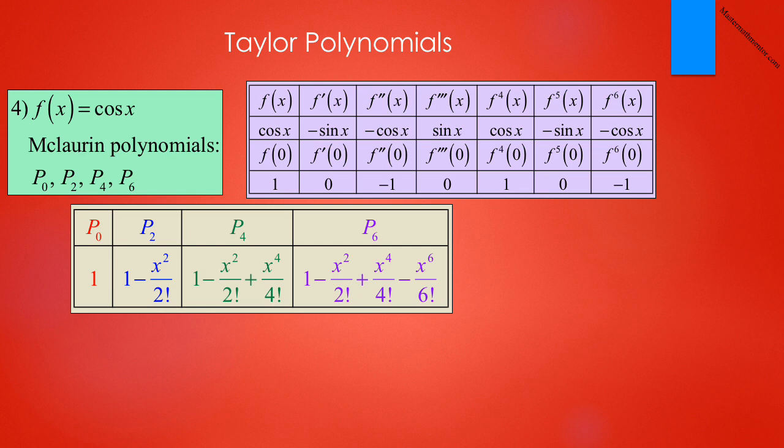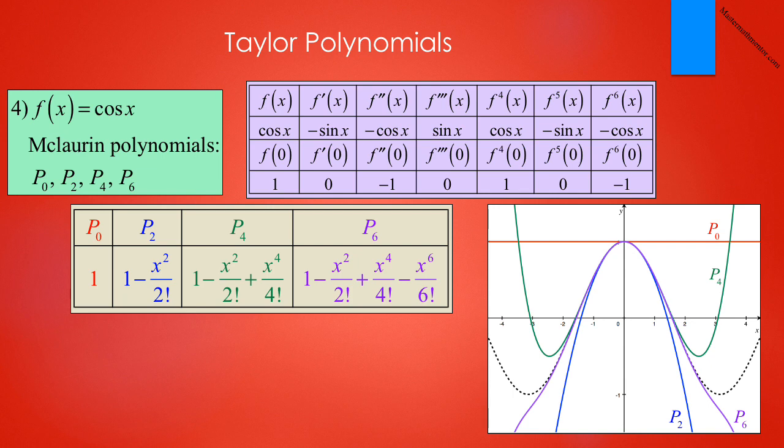The third degree term has a coefficient of 0, so the fourth degree term for P4 will tack on a positive x to the fourth over 4 factorial. The fifth degree term will have a coefficient of 0, so the sixth Taylor polynomial at x equal to 0 will now tack on a negative x to the sixth over 6 factorial.